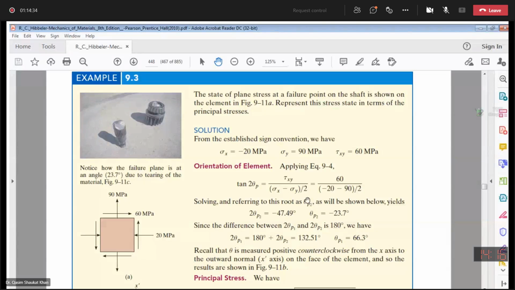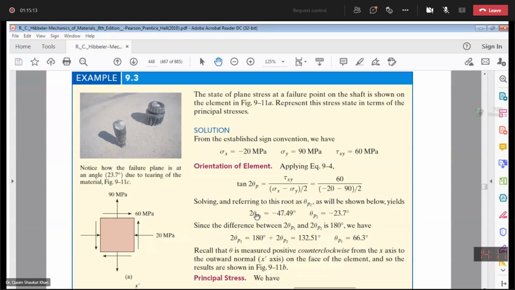So this value is negative, so it is the smaller value, and because sigma 1 will always be your larger normal stress, and sigma 2 will always be your smaller normal stress, theta p1 must give us sigma 1, and theta p2 must give us sigma 2. So the negative value is assumed to be the smaller of the two theta values, so that's why you are using the subscript p2. Okay, is that clear?